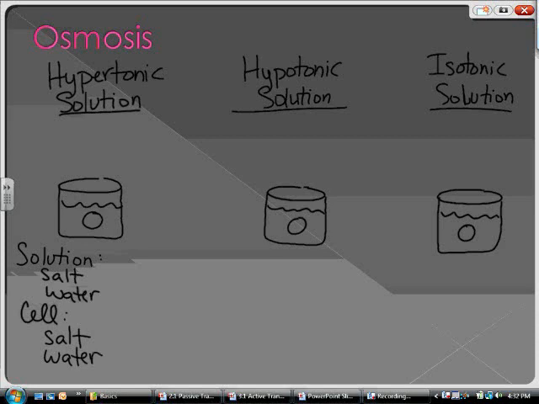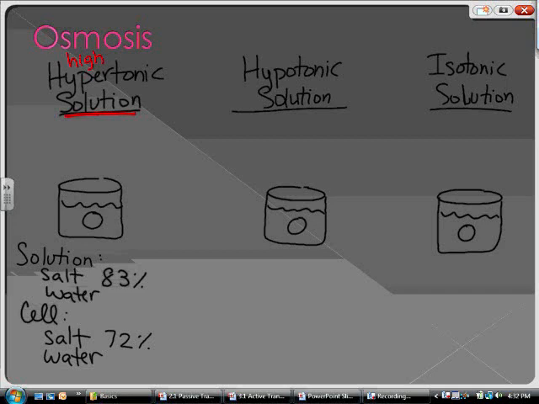Now, hypertonic implies that the solution is highly concentrated in solute. That means the salt concentration in the solution is higher. So let's say this is 83% salt. That means the 83% salt in the solution should be higher than whatever the salt is in the cell. Let's say in this case it's 72% salt in the cell.